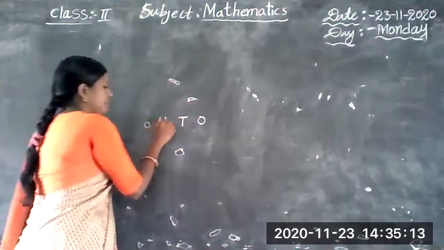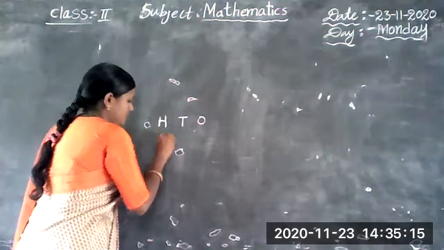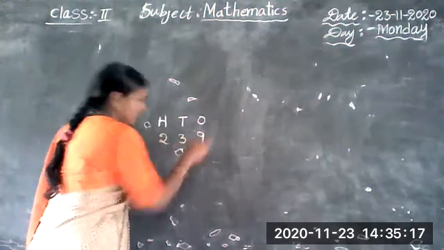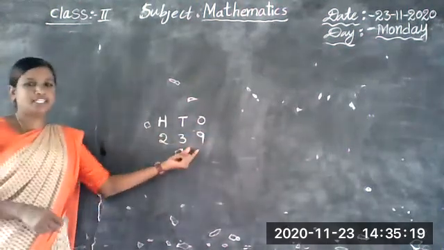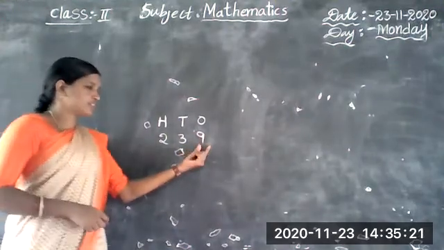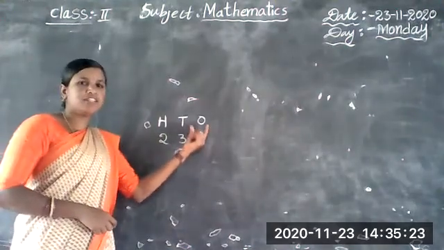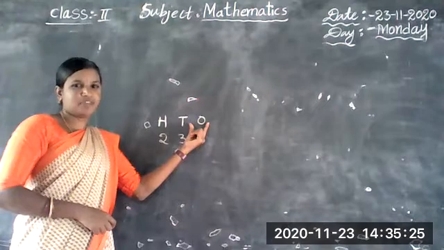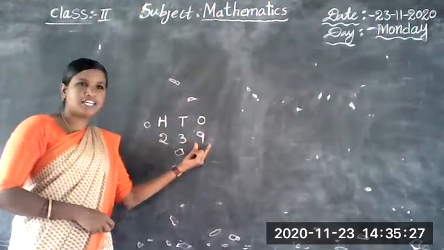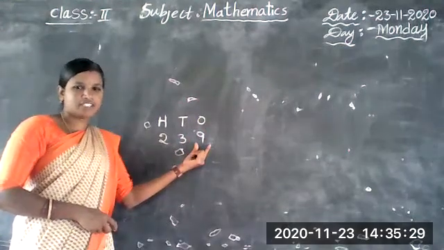If we are given a number, for example 239. So the first place is called the ones place. It means how many ones are there? 9 ones.